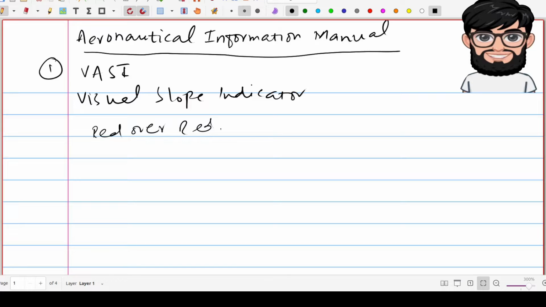Red over white means you are on the glide path, and if both are white over white, then that means you are above the glide path.